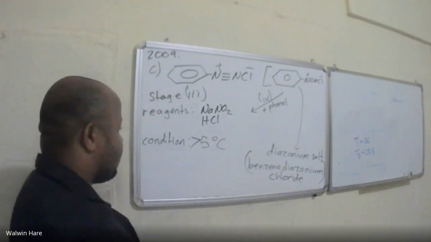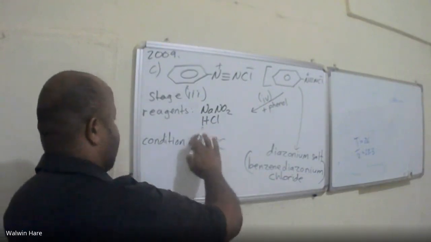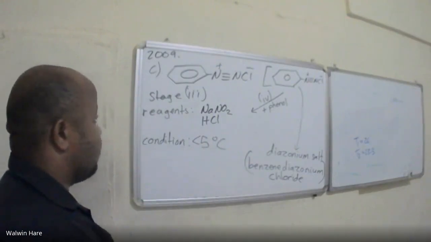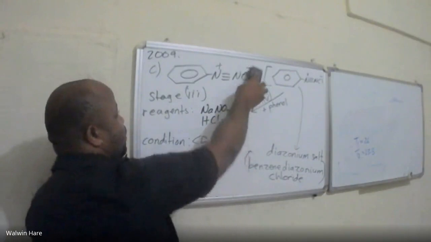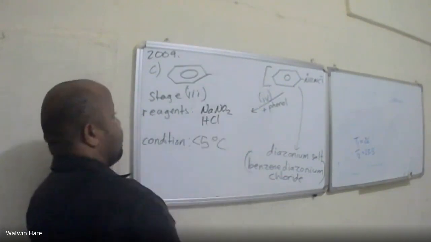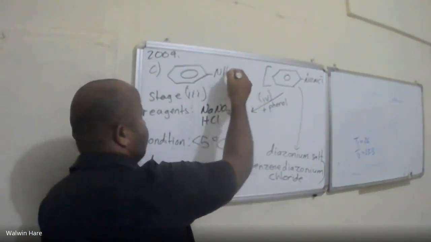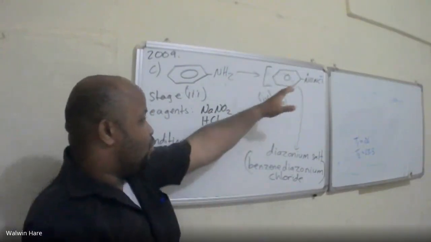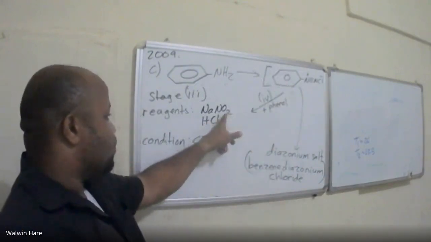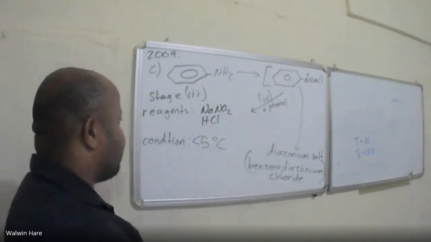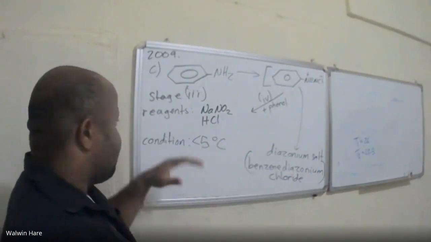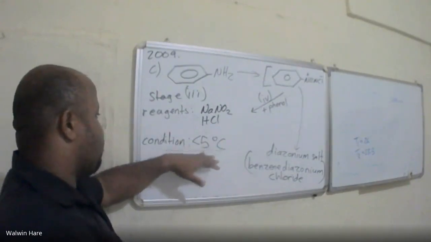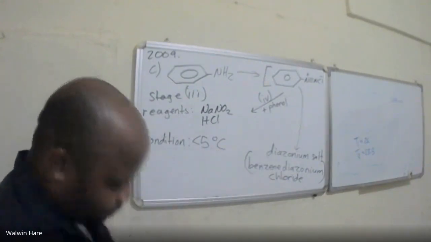Below 5 degrees Celsius or less. Let me just put back this as the amine. So when we're converting amines to a diazonium salt, we use the sodium nitrite and the HCl to generate the nitrous acid. The diazonium salt is unstable, so we keep it at very, very low temperatures.